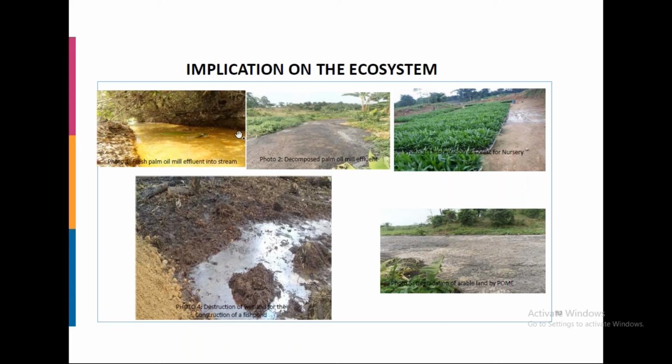The third photo is of Heraku Farms SG sock. It's a virgin forest that was cut, that was degraded for their nursery and their eventual plantation. Then photo 4 is a wetland here in Kribi that has been transformed for aquaculture purposes. Then photo 5 is of a degraded arable land, also degraded by palm oil mill effluents. These are just some of the example photos I have.